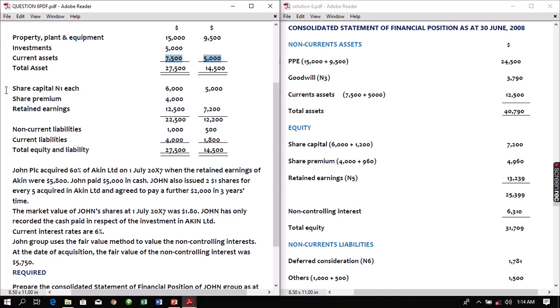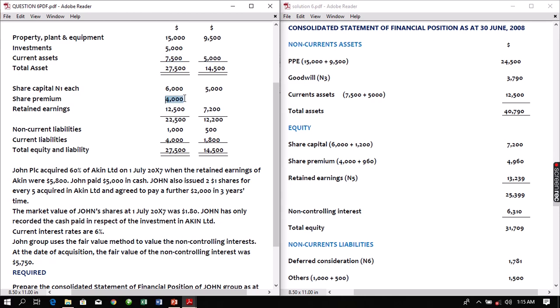So I come here, my share capital is 6,000. But don't forget, we calculated in working 6 that the additional shares the parent company will issue to the subsidiary company will cost them a nominal value of 1,200. So 6,000 plus 1,200 credit gave us a total of 7,200.